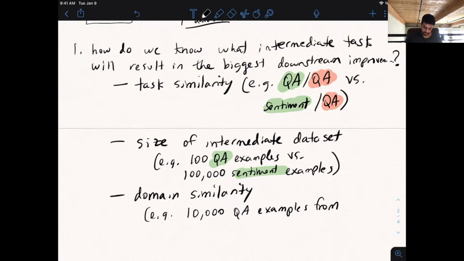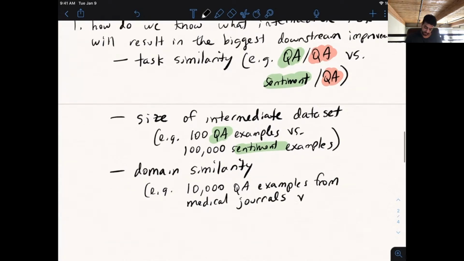Maybe some from medical journals or something highly specific to a single field versus 10,000 sentiment examples from Wikipedia.